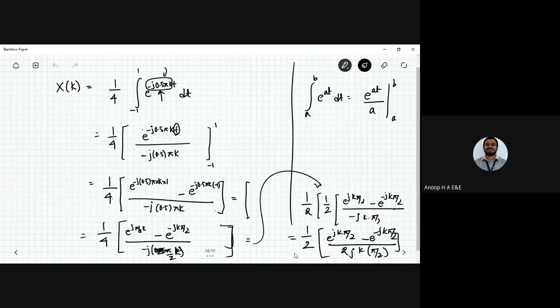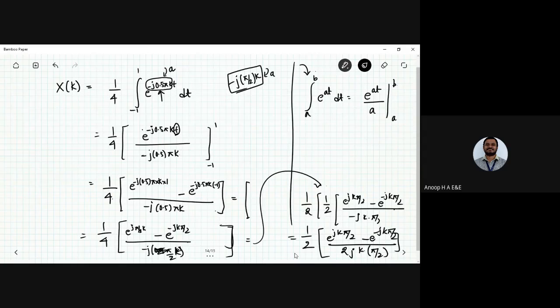Now this integral, e power at dt, how is it evaluated? E power at divided by a, with the limits from b to a. So this entire term, minus j into pi by 2 into k, is taken as a.